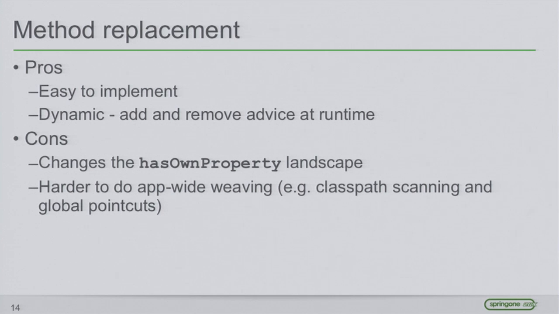One is if you know JavaScript prototypal inheritance, there are properties that are on the object itself, and there are inherited properties that are on the object's prototype. And when you do method replacement, you end up sometimes taking a property that was on the prototype and actually putting it onto the instance itself.